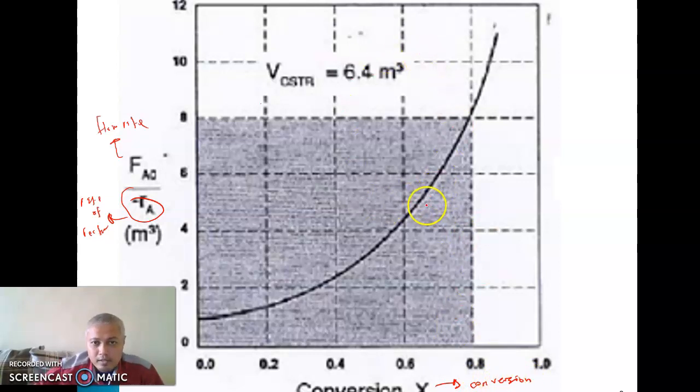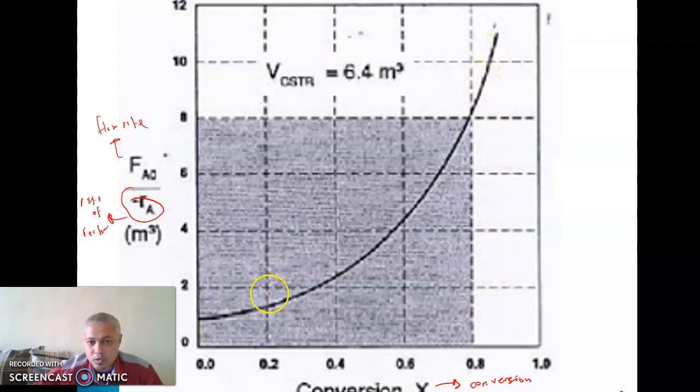So if we look at this graph, what does it mean? At conversion approaching 1, the rate of reaction approaches 0.